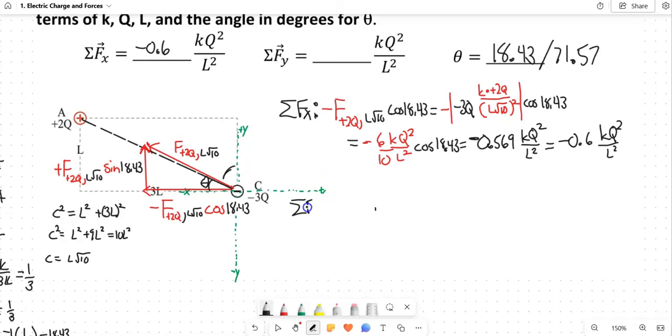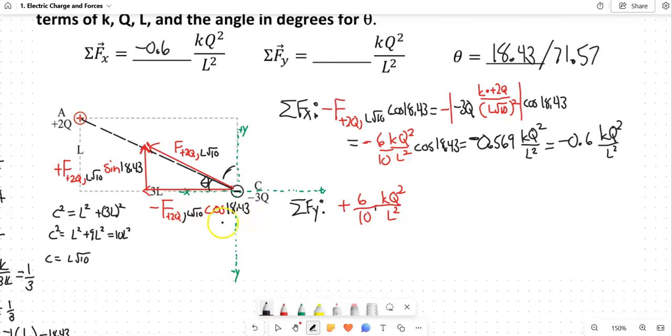For the y direction, we are going to be doing the same thing. And the great part about doing this, see the hypotenuse for the y direction? It is the same as the hypotenuse for the x direction. So we could actually just go right to this, and in our y direction it's going upwards, but it's the same hypotenuse, which is going to be 6/10 KQ squared over L squared, right?